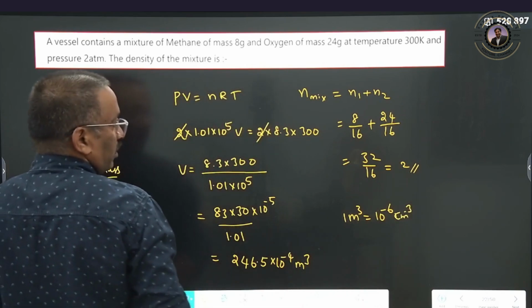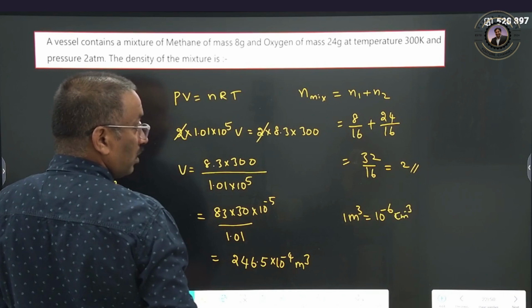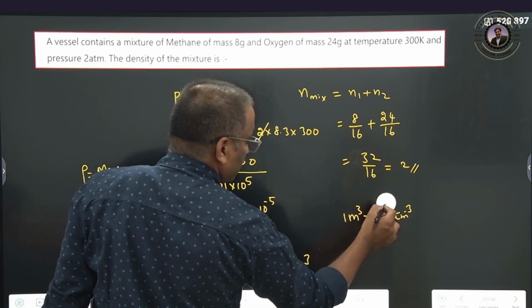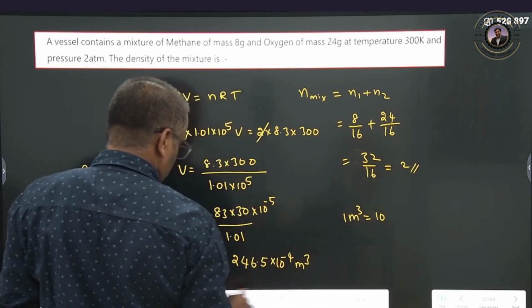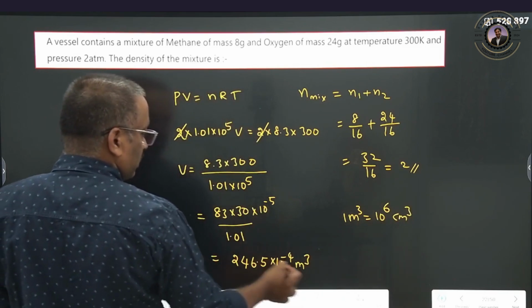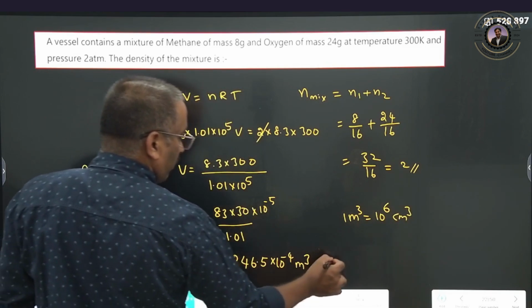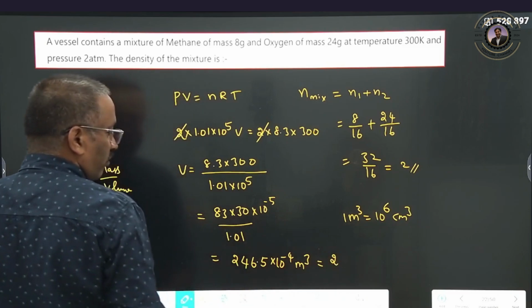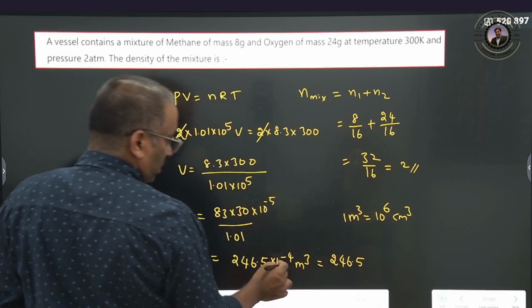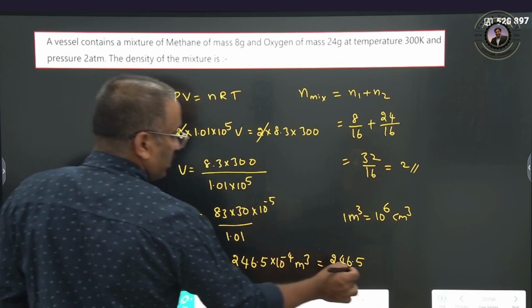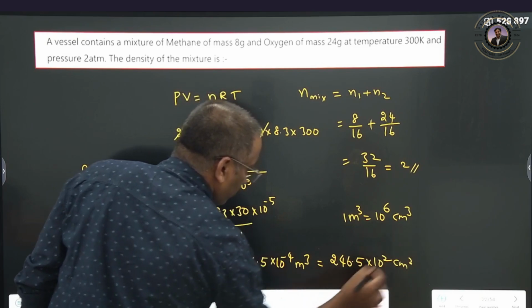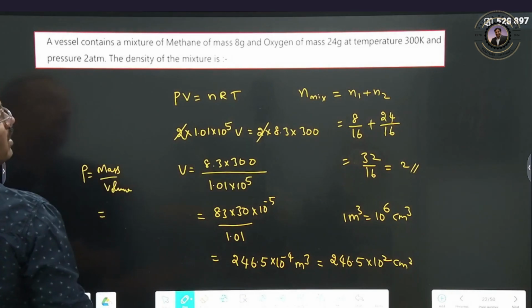So you can rewrite 246.5 into 10 to the power of minus 4 as 246.5 into 10 to the power of 2 centimeter cube.